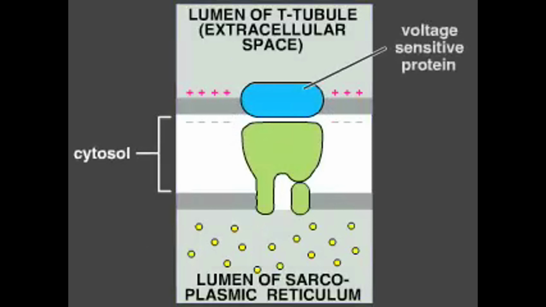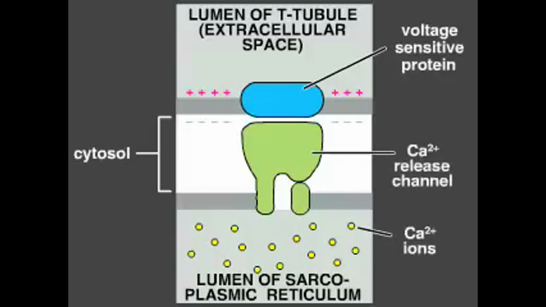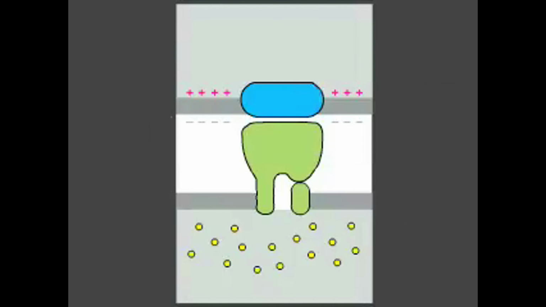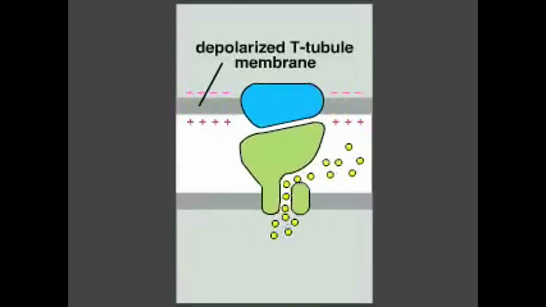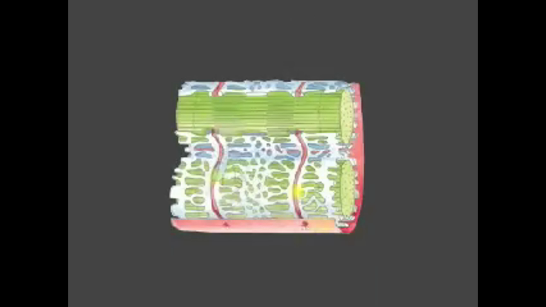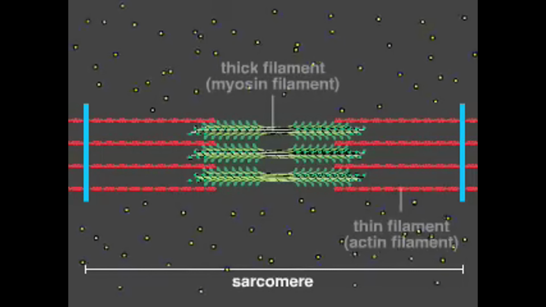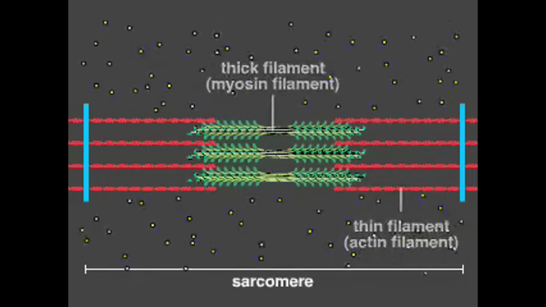Guys, this is very, very, very important. Please remember sarcoplasmic reticulum. Calcium will be secreted from the sarcoplasmic reticulum, a very important ion when it comes to muscle contraction. The most important, if I can say.